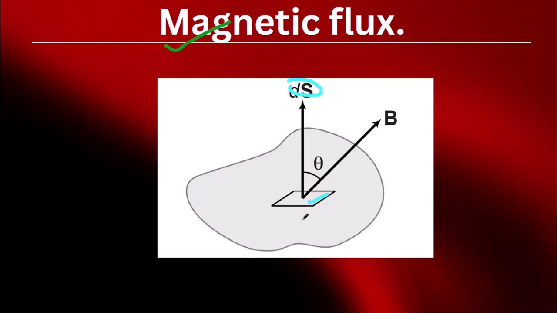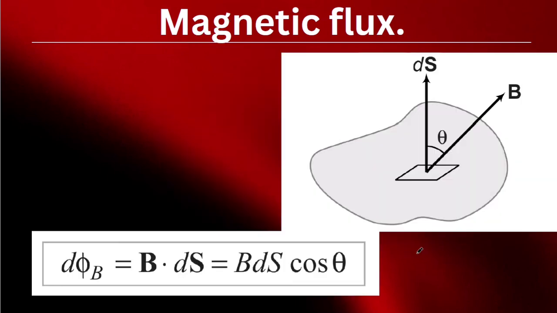If the magnetic field is not parallel to the surface area vector ds, it makes an angle theta with it, then its flux will be the projection of the magnetic field along the surface area vector. And here we write the magnetic flux d phi b equals b dot ds.